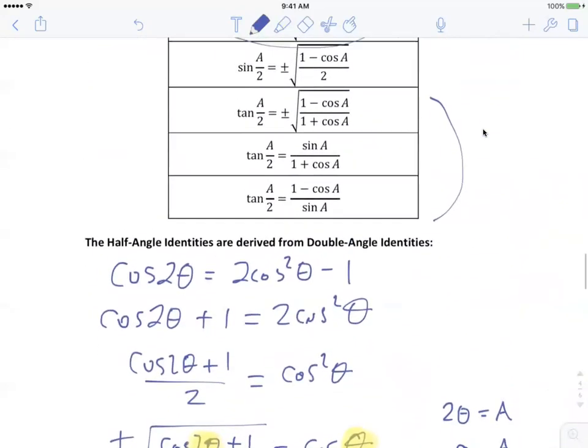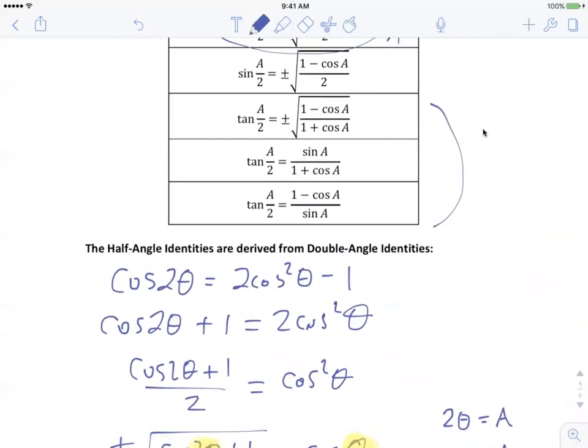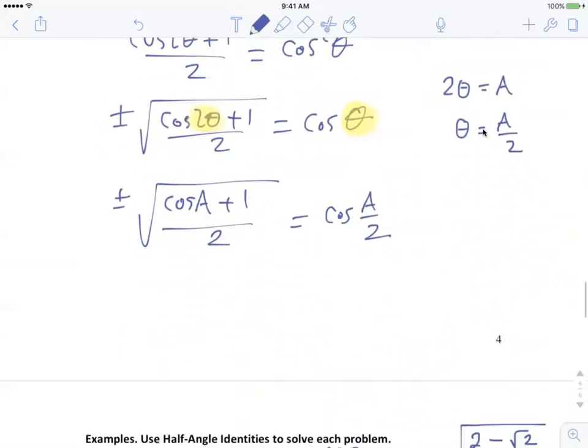I've got 3 versions of this. Whichever one you think looks fun. This one might be my favorite because the denominator is the simplest. And a nice simple denominator probably means less rationalization, less work. So I'm going to try that version.